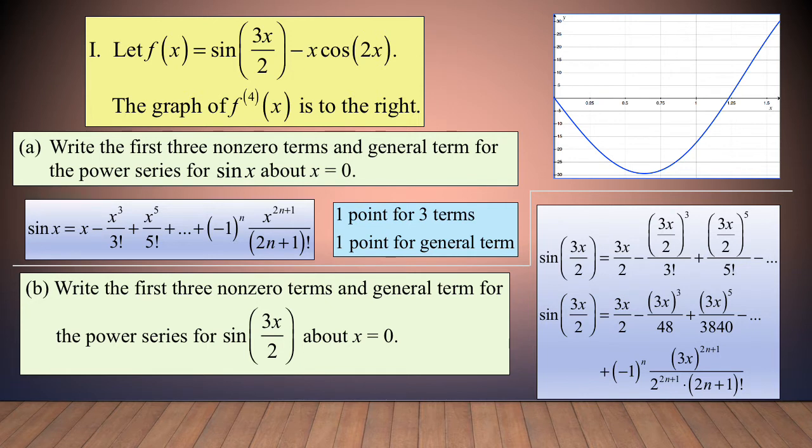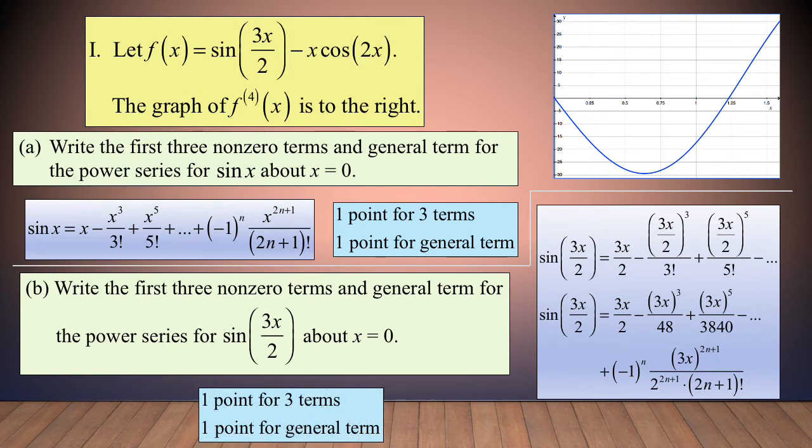This becomes 3x over 2 minus 3x quantity cubed over 48 plus 3x raised to the fifth over 3,840. We could expand the 3x's, we choose not to. The general term will be negative 1 to the n times 3x to the 2n plus 1 times 2 to the 2n plus 1 times 2n plus 1 factorial.